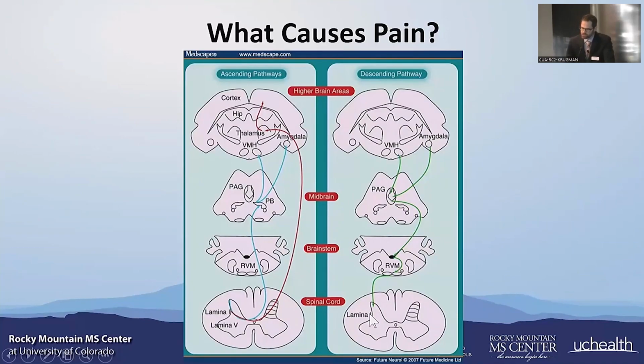These are neurons that produce inhibitory chemical messengers like GABA and glycine, and those end up modulating, either increasing or decreasing, the intensity of the pain signal, which is actually quite important.